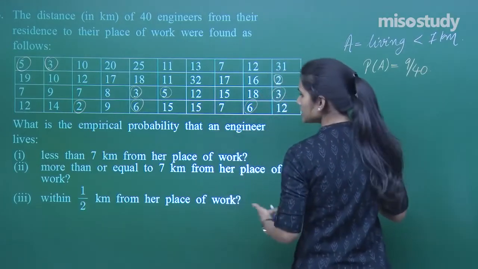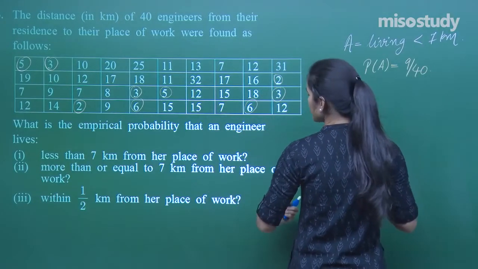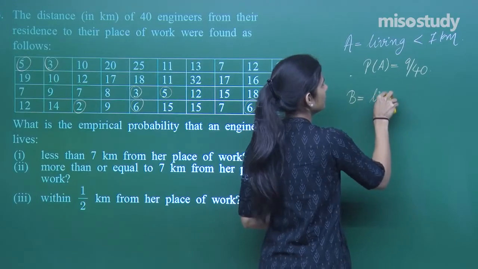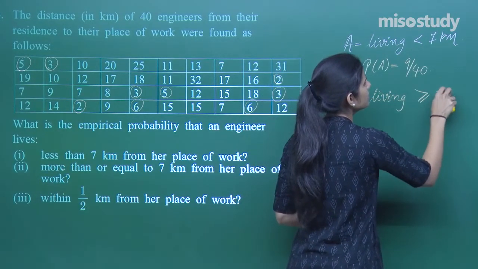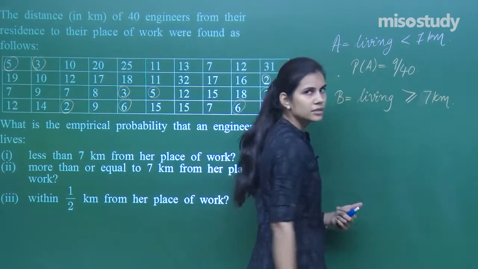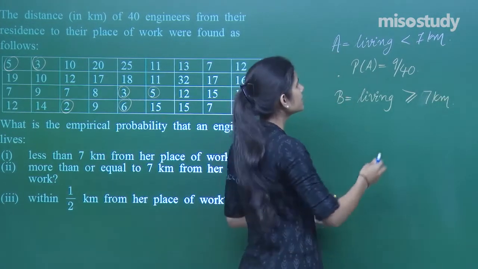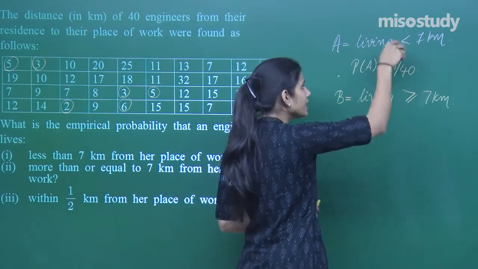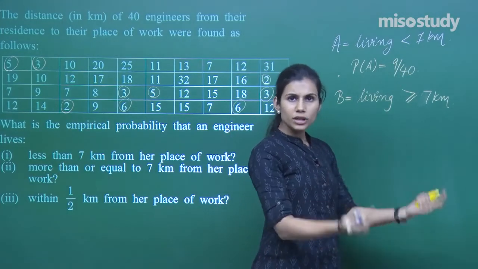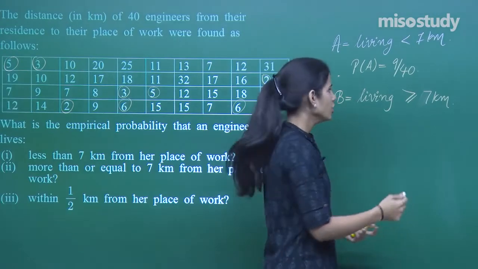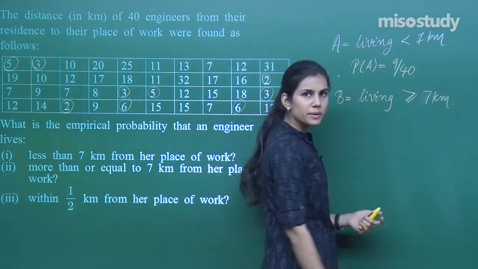If I say B is more than or equal to 7 kilometers, living more than or equal to 7 kilometers. If out of 40 are living less than 7 kilometers away, rest of them are living greater than or equal to 7 kilometers away, obviously. So how many are in favor of B?